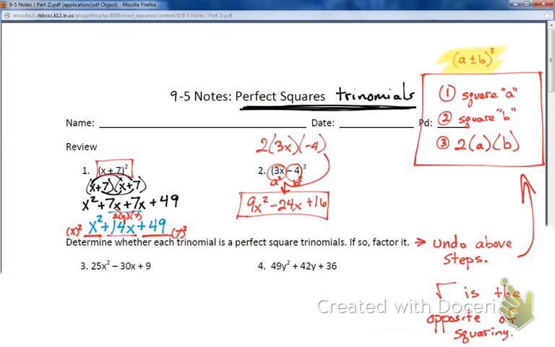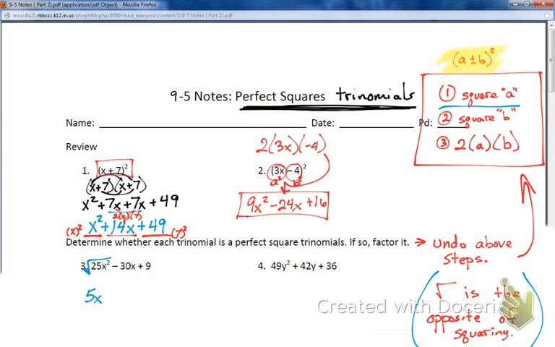And I've also written, and this is extremely important here, that taking the square root is the opposite of squaring something. So let's just look at number 3 together here. If the first step up here was to square a, we're going to undo squaring a by square rooting a. Well, the square root of 25x squared is going to turn into just 5x. Square root of 25 is 5, square root of x squared is x. Pretty simple there.